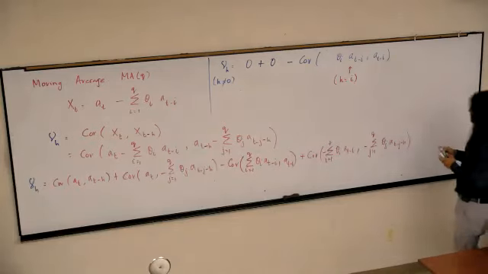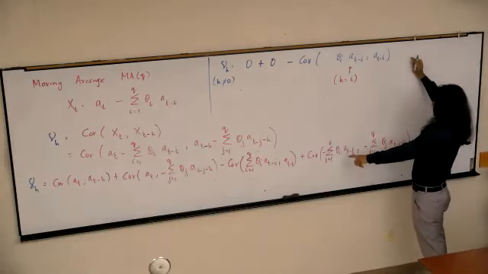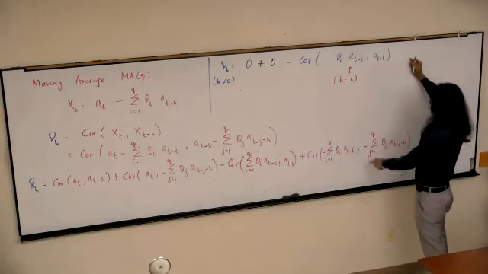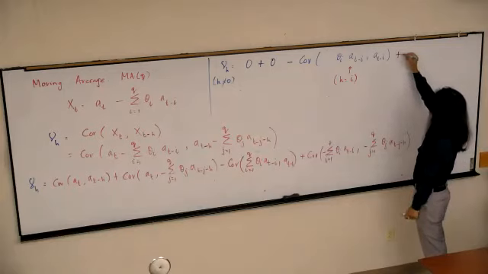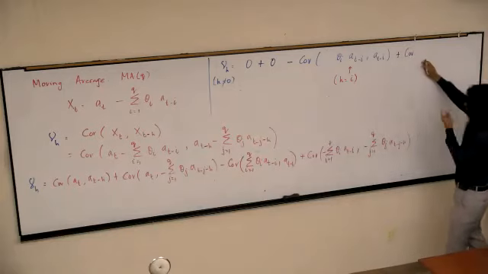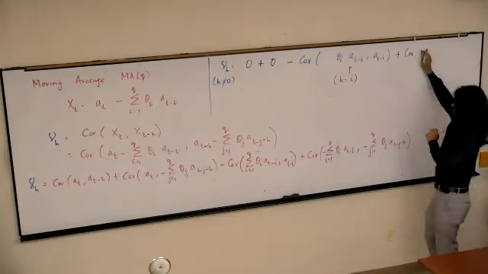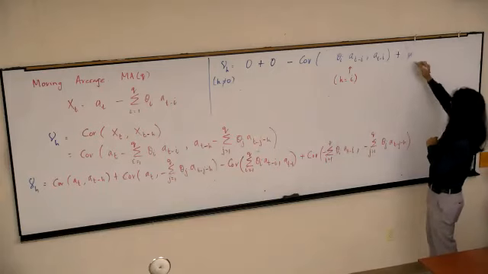Last case. I have a minus in the first term, minus in the second. If you pull it out of the covariance, you have a positive sign. I can pull the sum out also.